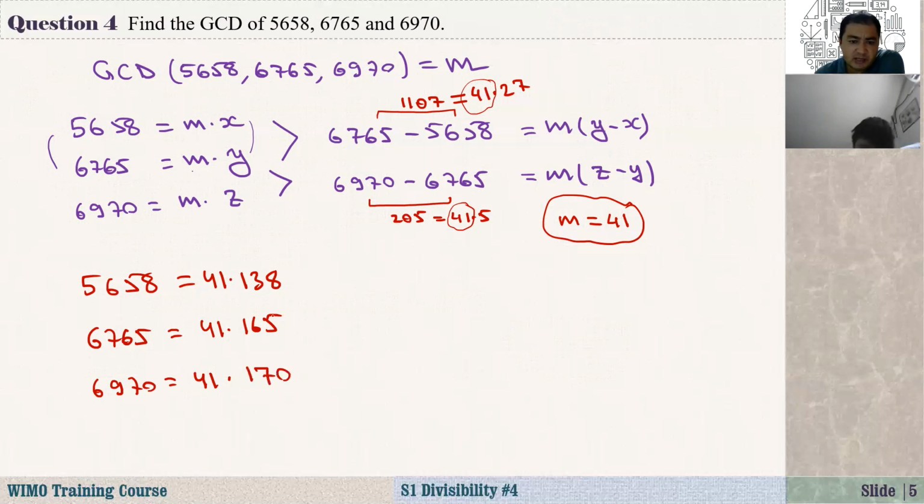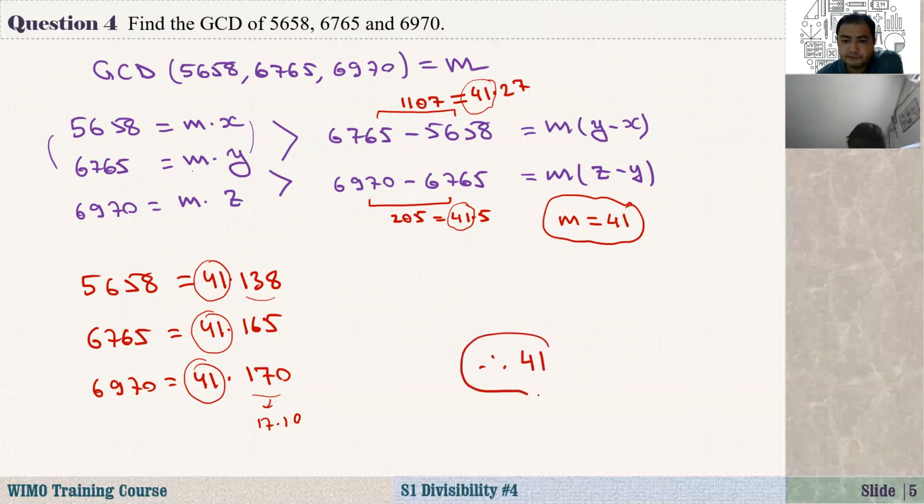So now if you look at these numbers, 138, 165, 170, they don't have any common factor. How do I know? The 170, for example, is just 17 times 10, and the first number is not divisible by 10, and also not divisible by 17. So the only highest common factor of these numbers is 41. So the GCD of these numbers is 41.